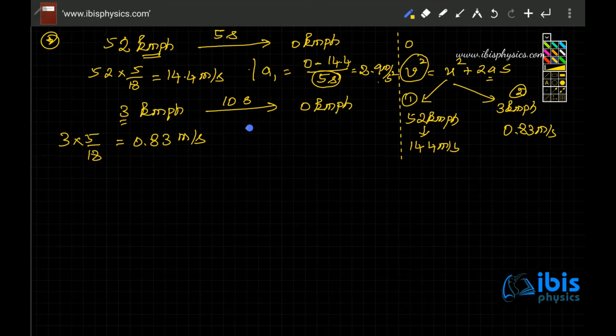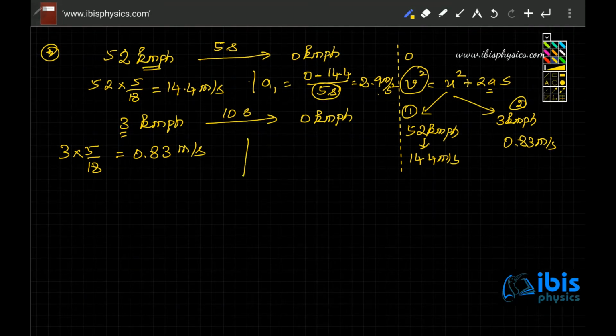The acceleration of the second car is final velocity minus initial velocity, so 0 minus 0.83 by a duration of 10 seconds. 0.83 by 10 is 0.083 meter per second square.